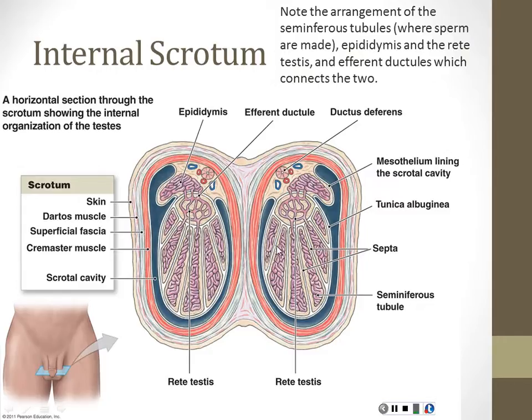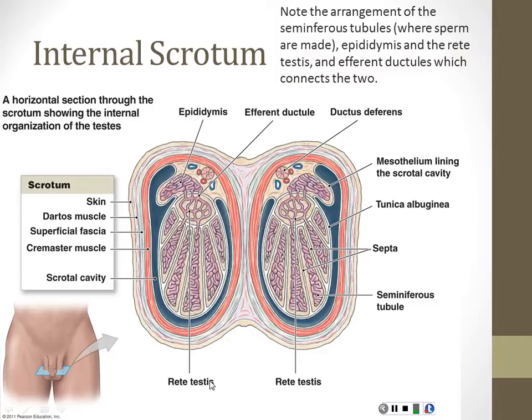Okay, so each of these wedges, because I can't remember if they call them lobules or something else, but anyway, they're wedges. I'm not going to ask you. So seminiferous tubules, there's 2 or 3 in each one. They all connect to this maze-like structure right here called the rete testis.